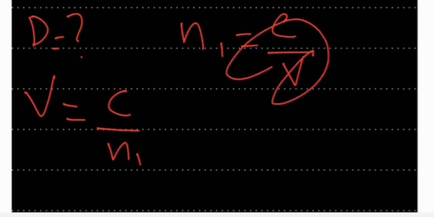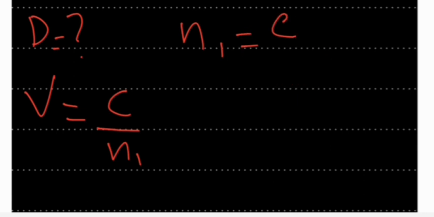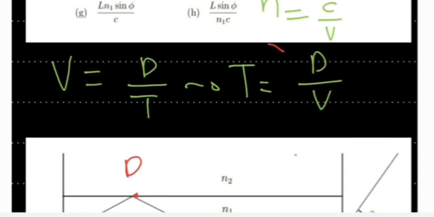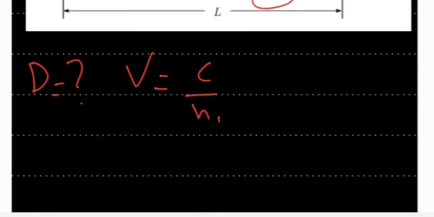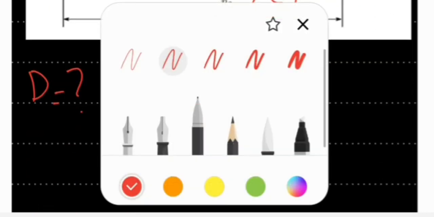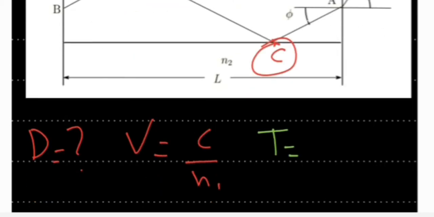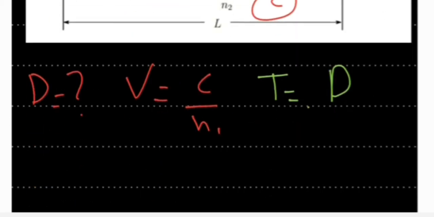So now, v is equal to c divided by n1. And look, our term t is equal to d divided by v. So if t is equal to the distance that we didn't find yet divided by v, it's divided by c multiplied by n1, okay?